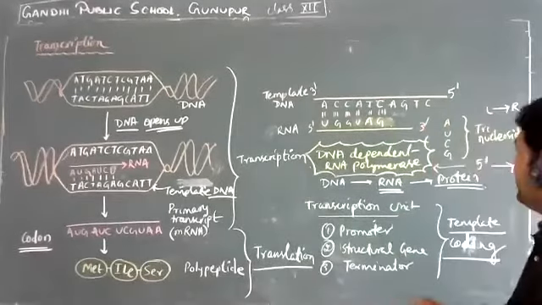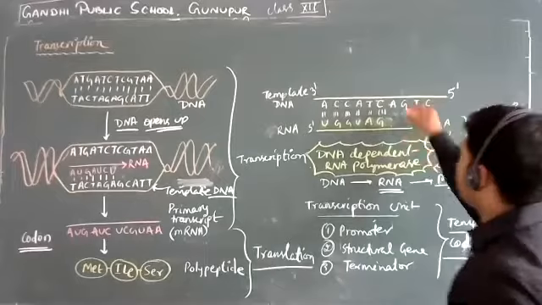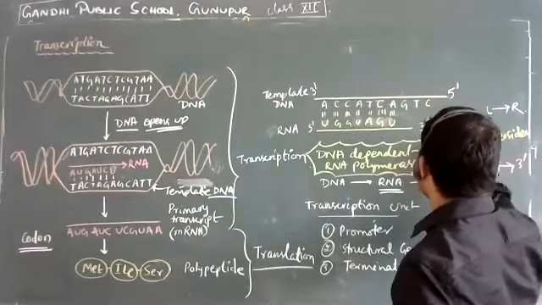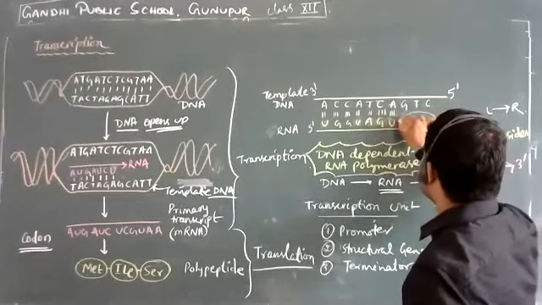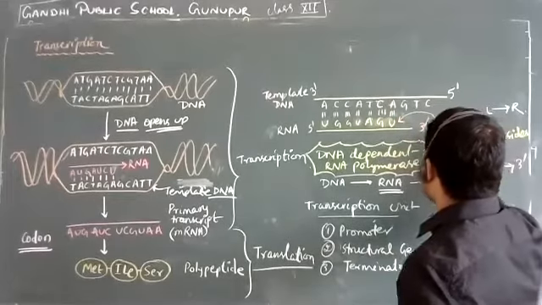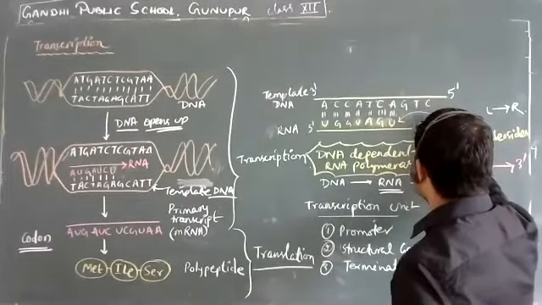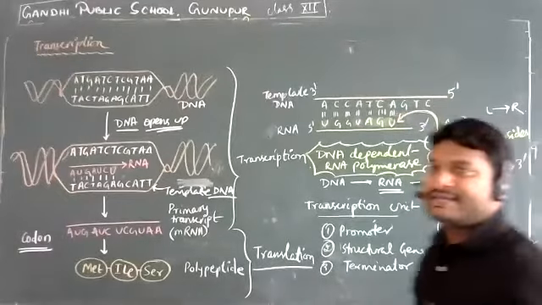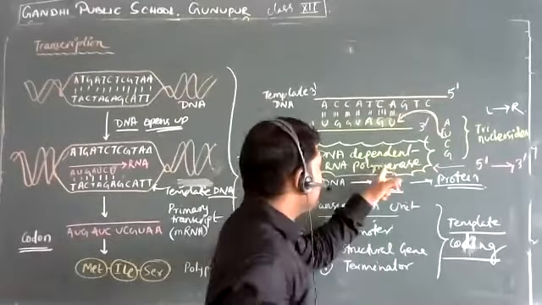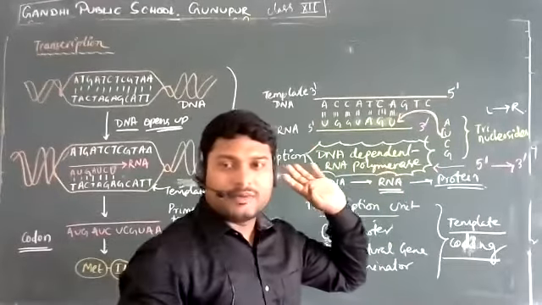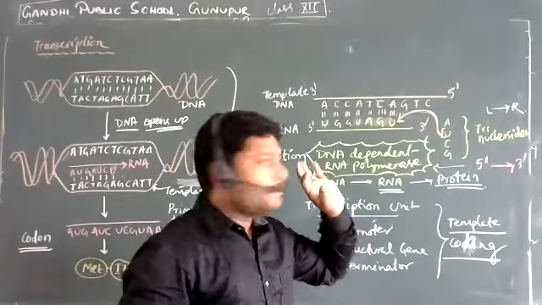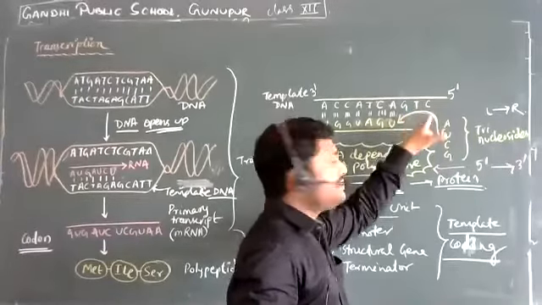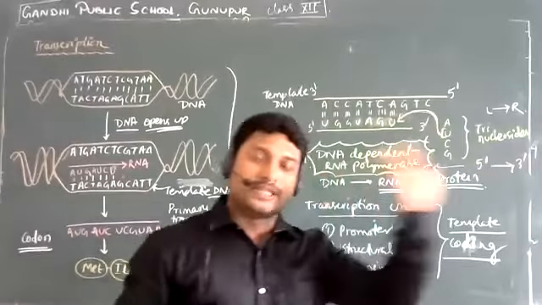So if you can fill up the next one, here we are going to get a U. This U actually gets added during the polymerization process, which is taken care of by the DNA dependent RNA polymerase. So again, G here means C will come, T means A will come, and C means G will come. So the entire process continues.